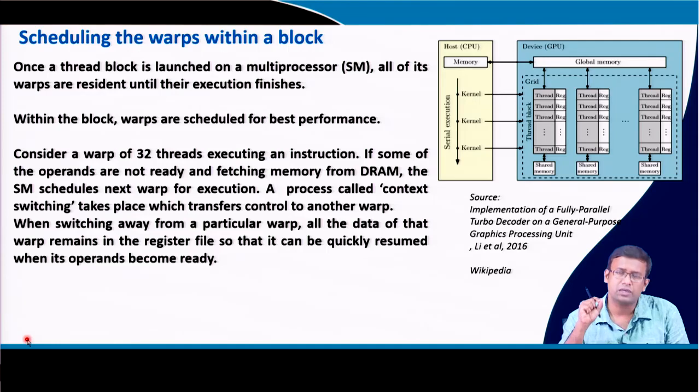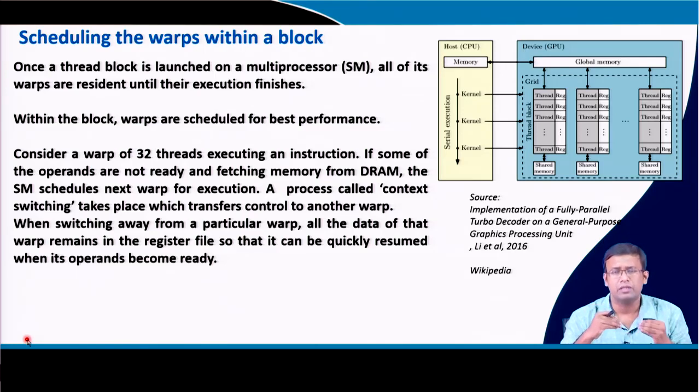They are reading memory from the device memory. It takes some time. What does the streaming multiprocessor do? It puts these threads into a latent stage, it hides the threads, and it launches the next warp which will do some operation.